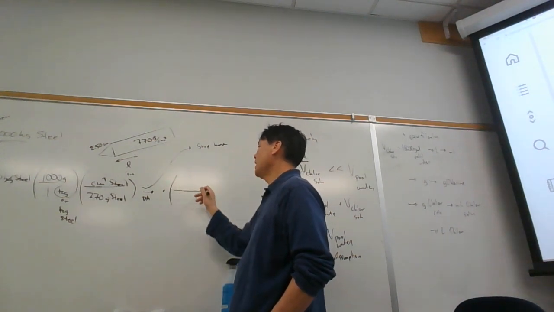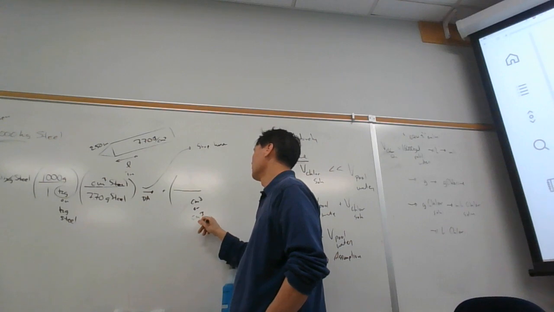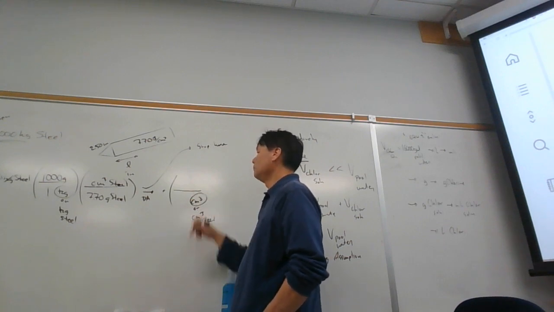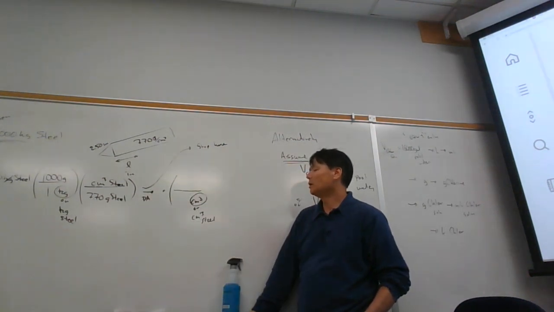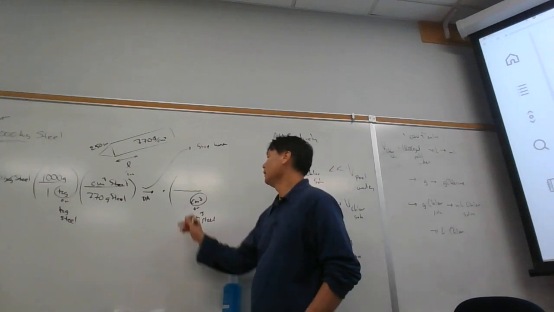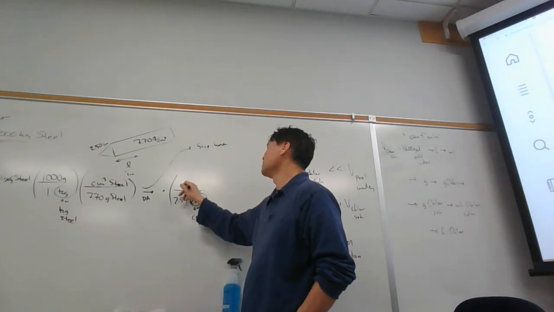Now we need to get rid of cubic centimeters of steel, or cubic centimeters, because otherwise we go in circles. I want to go from cubic centimeters to inches cubed. I know there are 2.54 centimeters per inch.